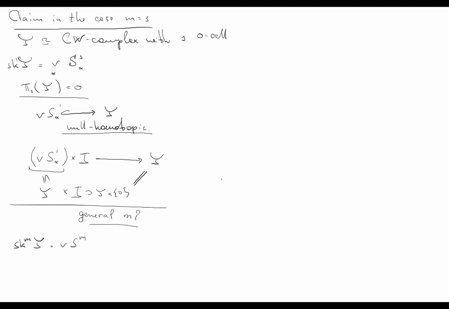It really does feel almost exactly the same as this argument. We know that pi_m of Y is 0. So of course the conclusion is also null homotopic, and we can apply the Borsuk lemma again. Any questions?